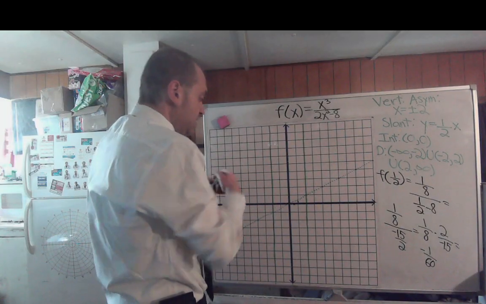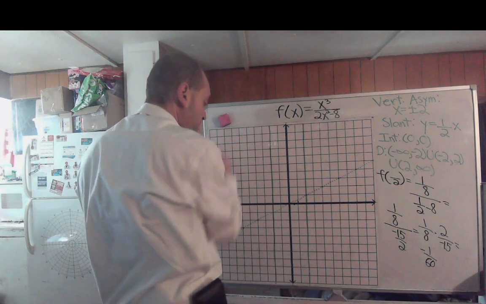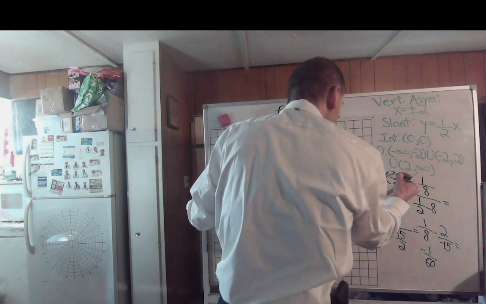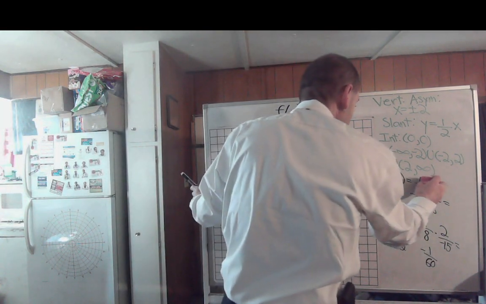And then let's say I put in positive 1.5, which would be 3.5. What am I going to get?